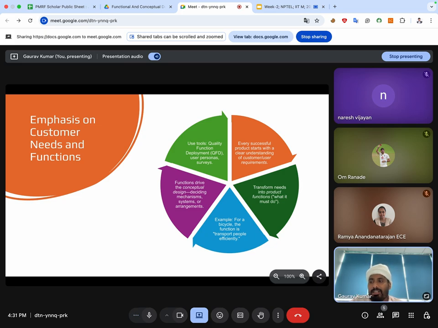Next one is tools. Use QFD, quality function deployment, to translate the user voice into engineering specs. Also use personas, empathy maps, and user journey maps, right?